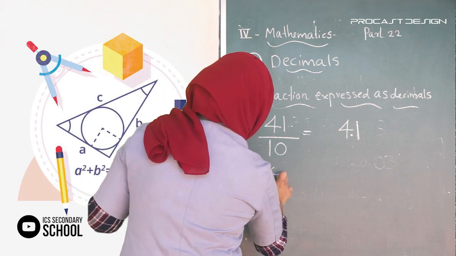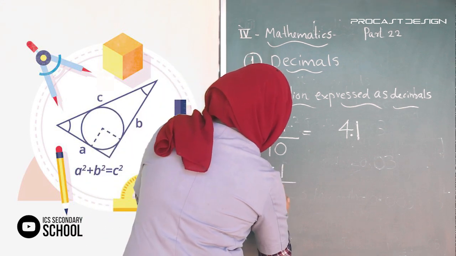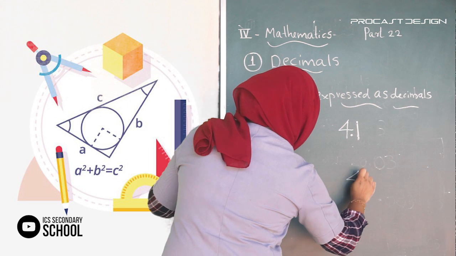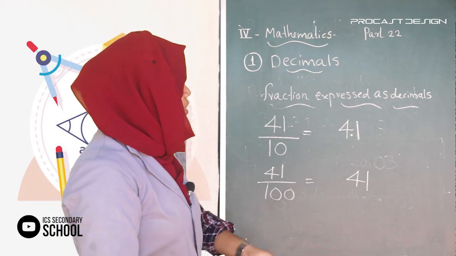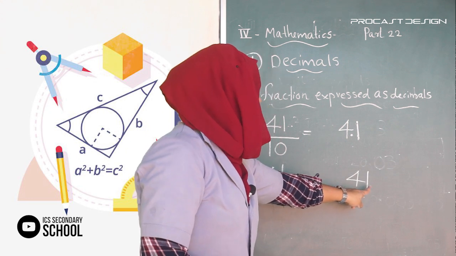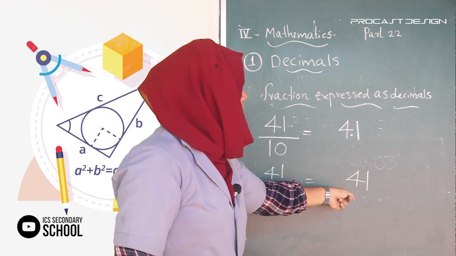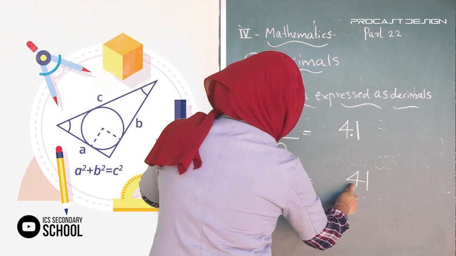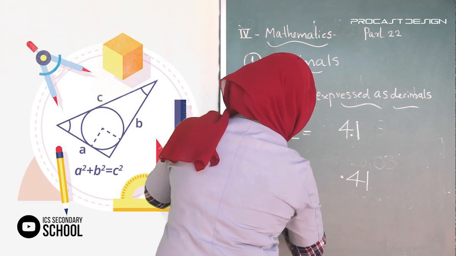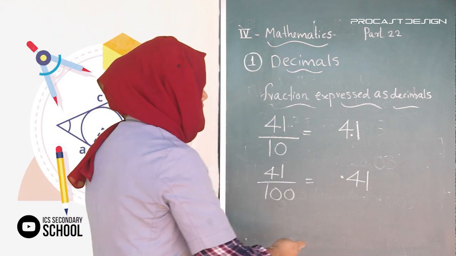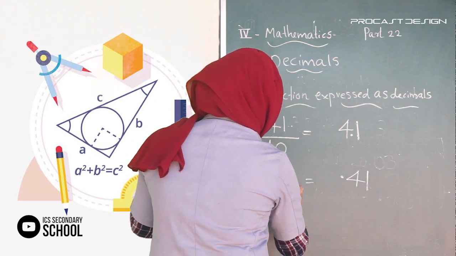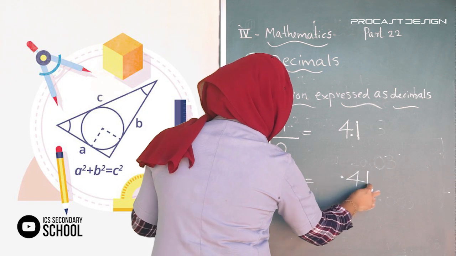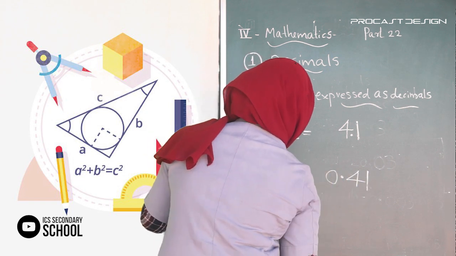The same, we write the numerator first. 2 zeros are there. So from the right we can count 2, so 1, 2. We put the point here. From the right of the numerator we count 2 digits and put 0 here.